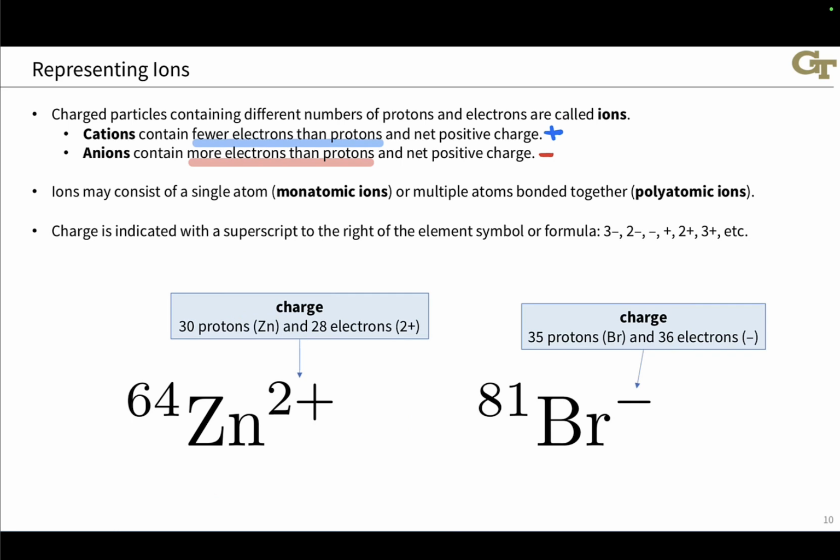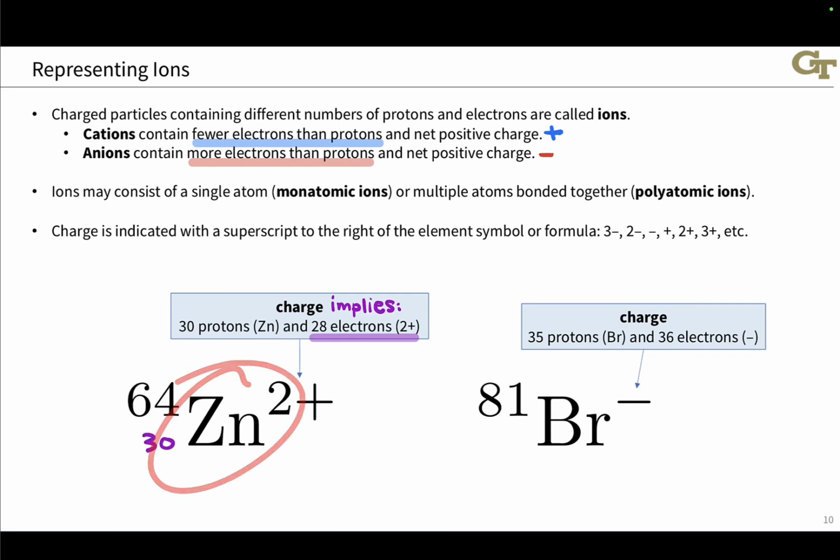In an atomic, or ionic, we might say, symbol, we represent the charge in the upper right as a superscript to the right of the element symbol, using either a plus or minus, or 2 plus for a positive 2 charge, 3 plus for a positive 3 charge, 2 minus for a negative 2 charge, 3 minus for a negative 3 charge, etc. And an interesting thing to point out here, well, the first thing I'll note is we've actually omitted in these two examples at the bottom of the slide the atomic number, since this follows from the element symbol.